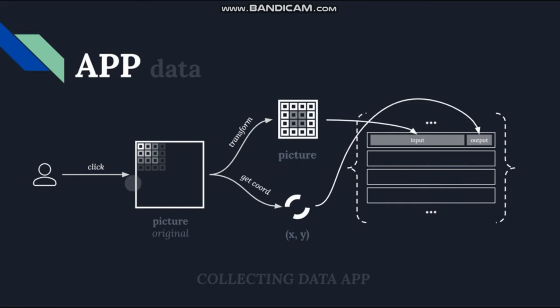This image transforms to another image by the transforming process from the previous slide, and that's our input data. The output data is our click coordinate, and this input and output data is one row in the database.